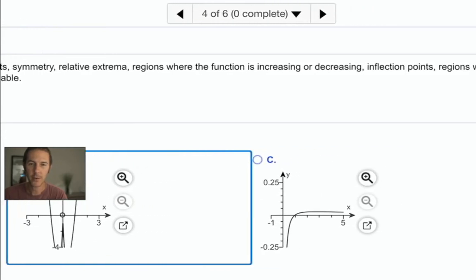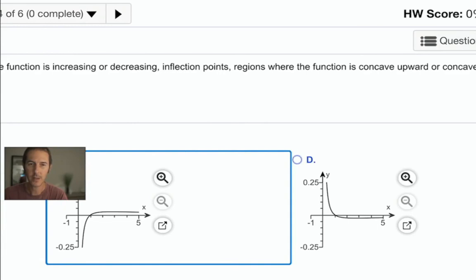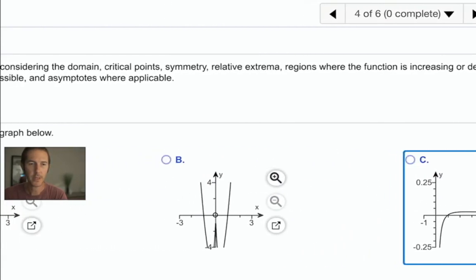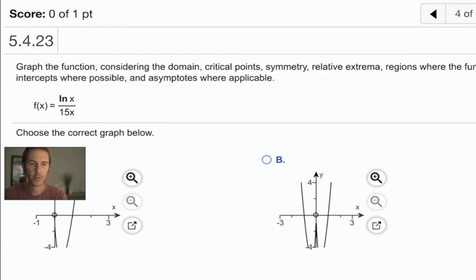So option B is out. Option A was a contender, C is a contender, D is a contender. But you can see that just by examining the domain for this function, we were able to eliminate one of our multiple choice options. We can't plug in a value of 0 for x, so that's not helpful for finding a vertical asymptote, unfortunately.